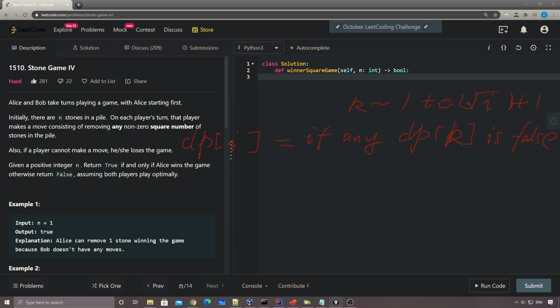Yeah, I think that's it. That's the basic state transition function for this problem.